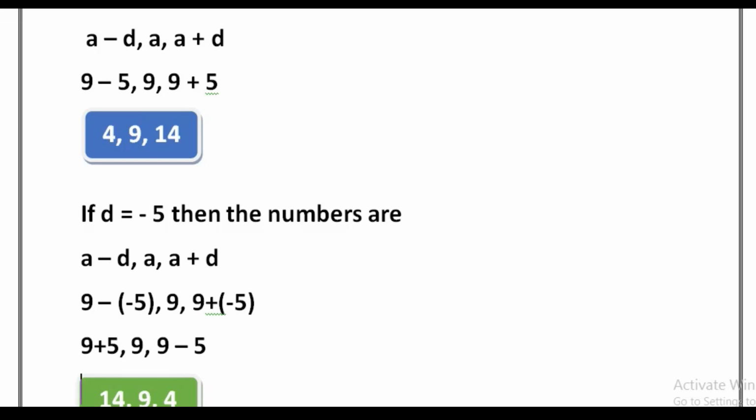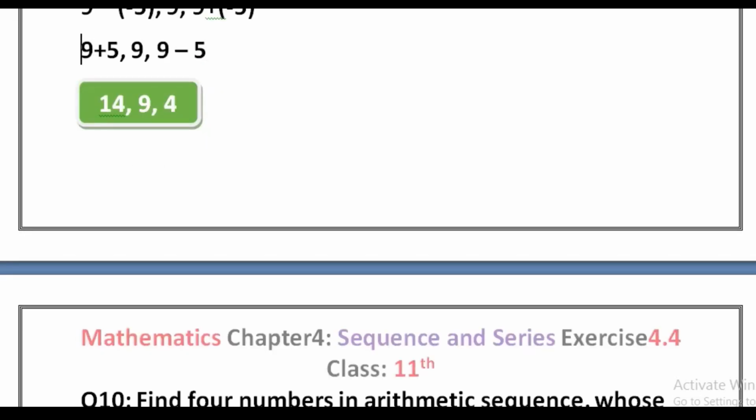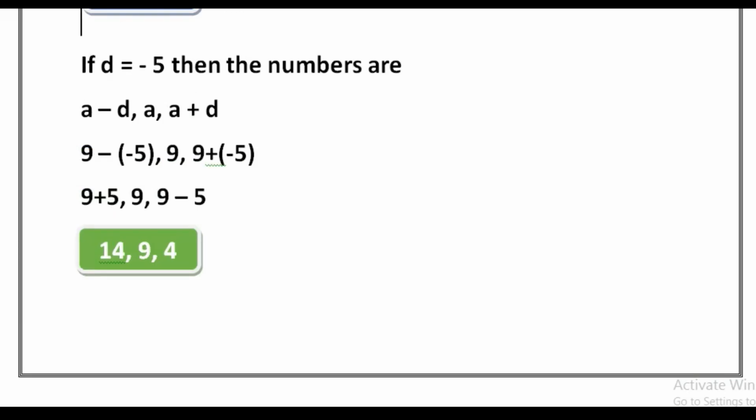The second number is 9. The third number is 9 plus (minus 5), that is 9 minus 5, equal to 4. So which is the required solution?